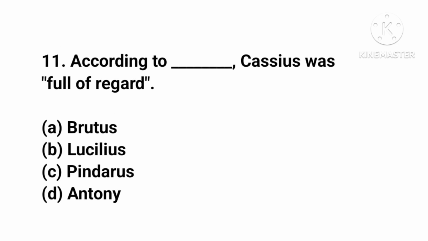Number 11. According to dash, Cassius was full of regard. Option A, Brutus. Option B, Lucilius. Option C, Pindorus. Or option D, Antony. So who elevated Cassius? Who thought that Cassius was full of regard, full of kindness?